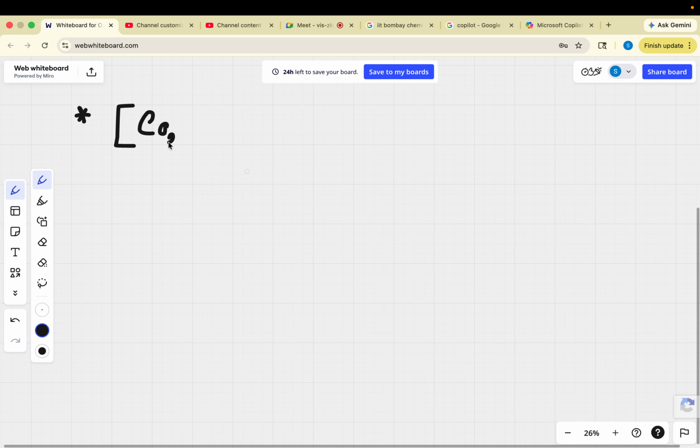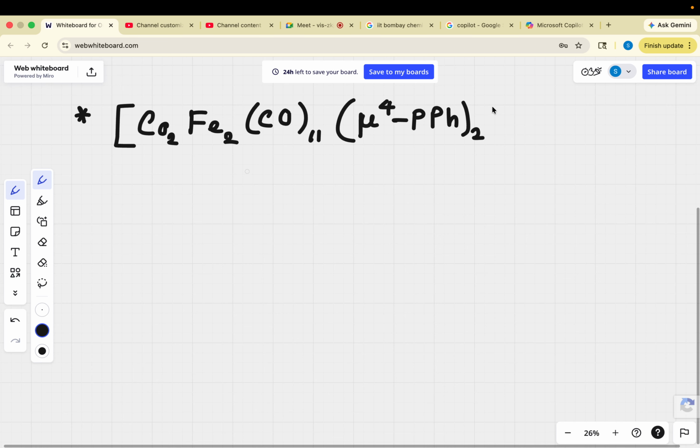Suppose you have Co2Fe2(CO)11(mu4-PPh)2.